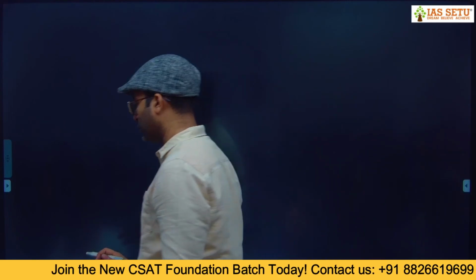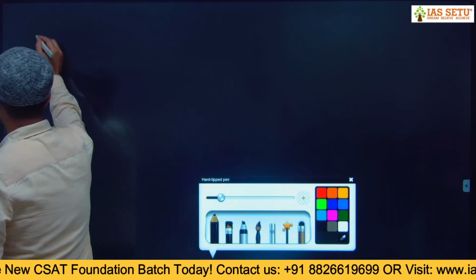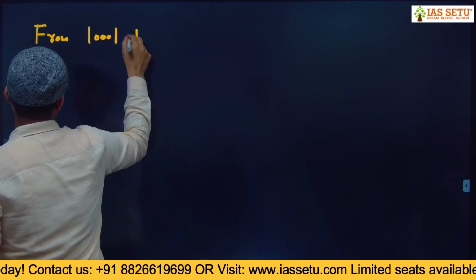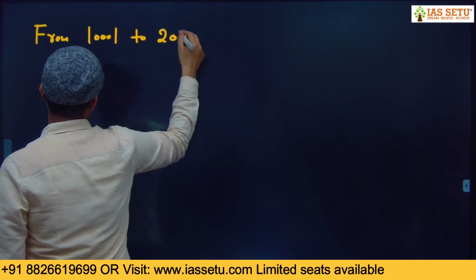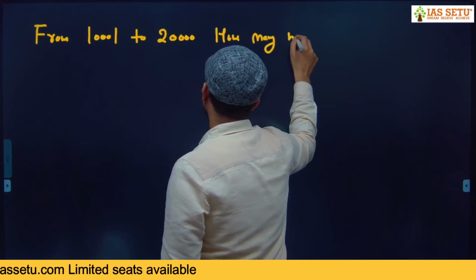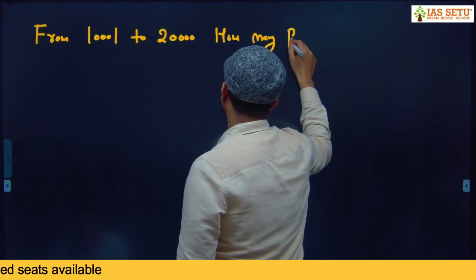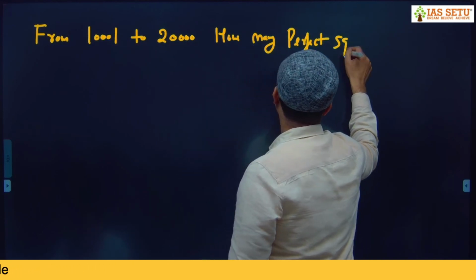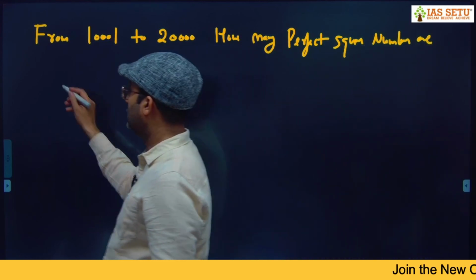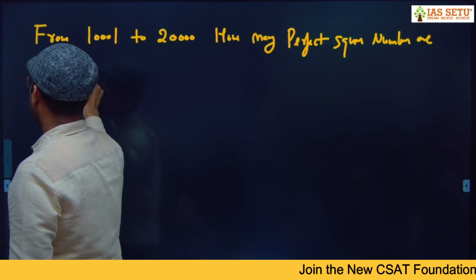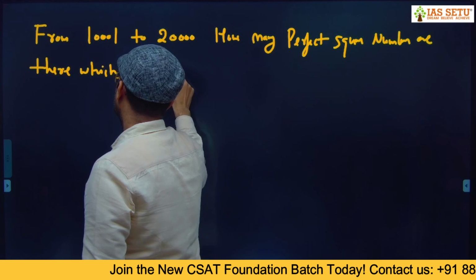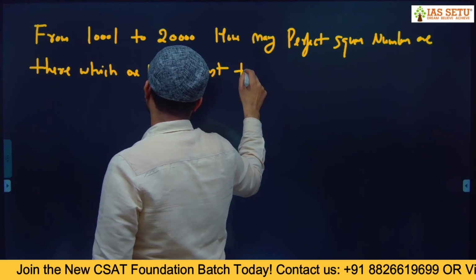Many of you have understood the concept. From 10,001 to 20,000, how many perfect square numbers are there which have last 2 digits same?